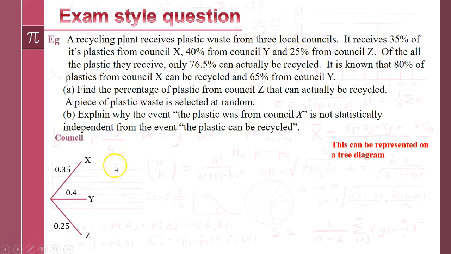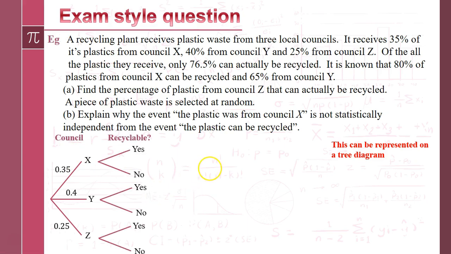Then the next branches: if we get plastic from any particular council, what's the probability that it can be recycled? So for each council we've got yes, it can be recycled, or no, it can't. From Council X, that's 80%, so 20% no. Council Y, that's 65%, 35% no. And it's the figure from Council Z that turns out to be the one that we're missing.